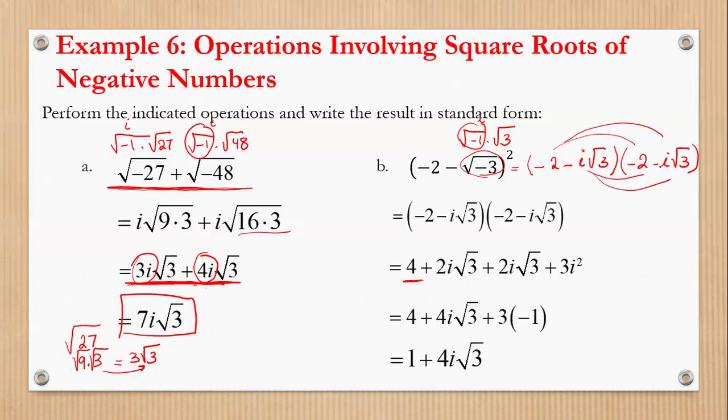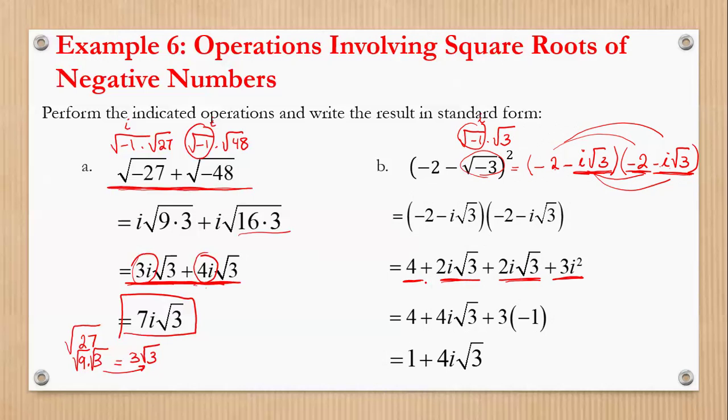Negative 2 times negative I root 3 is positive 2I root 3. Negative I root 3 times negative 2 is positive 2I root 3. Negative I root 3 times negative I root 3: negative times negative is positive, I times I is I squared, and root 3 times root 3 is just 3, which is 3I squared.